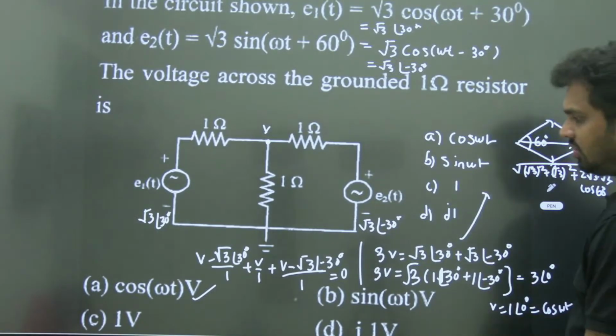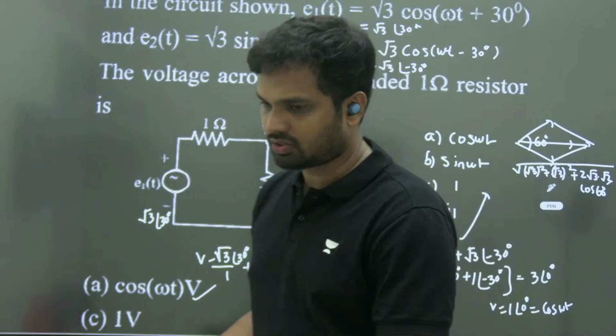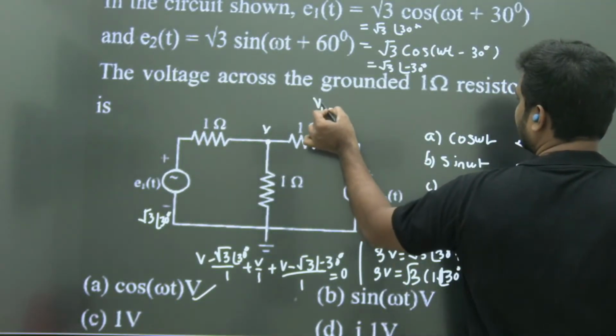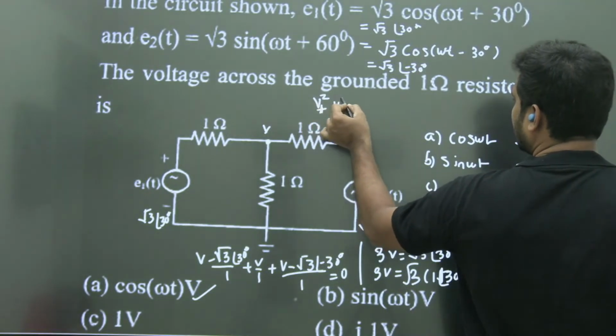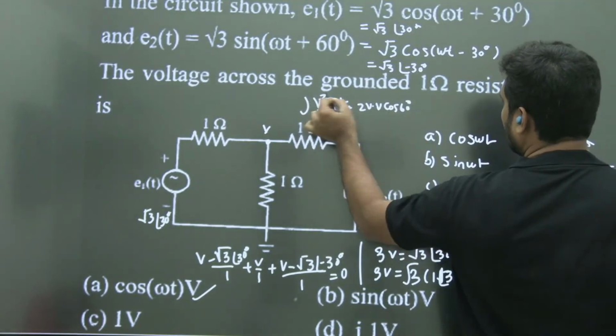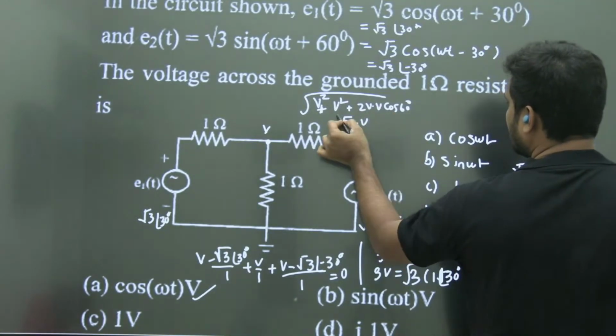So final answer will be cos omega t. With 60 degrees, if both the magnitudes are same, root of v square plus 2v into v cos 60 degrees, we get √3 into v as the magnitude.